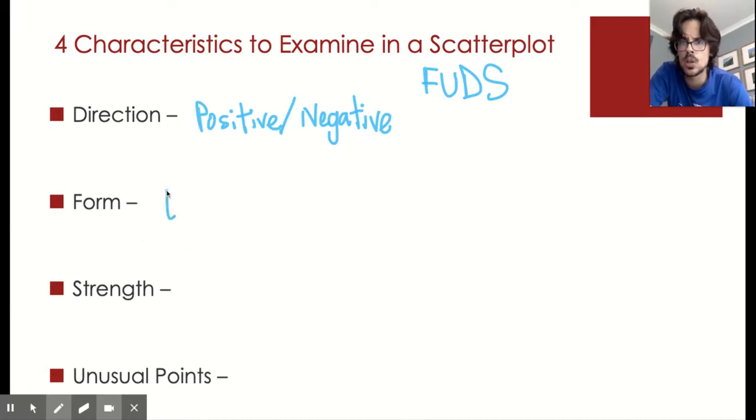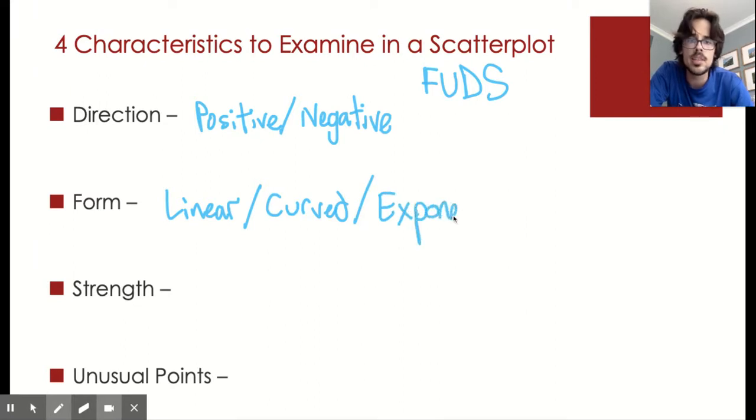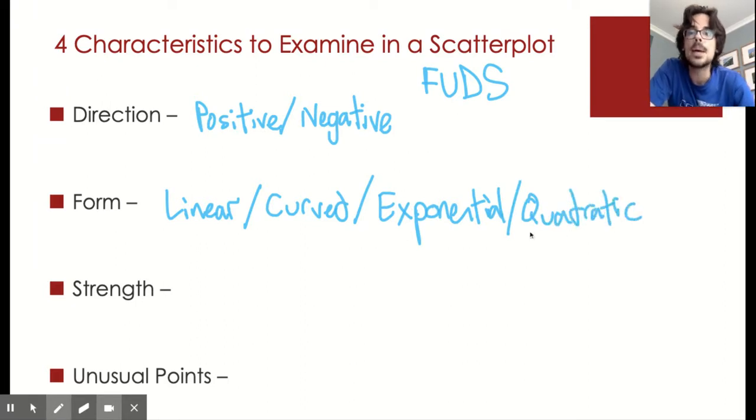Form is going to talk about whether the basic pattern is linear, or it could be curved, or it could be exponential. If you want to get fancier and use Algebra 2 vocab, you could have a quadratic form and stuff like that. Basically in AP Stats, though, we don't worry too much about fancy things like exponentials and quadratics.